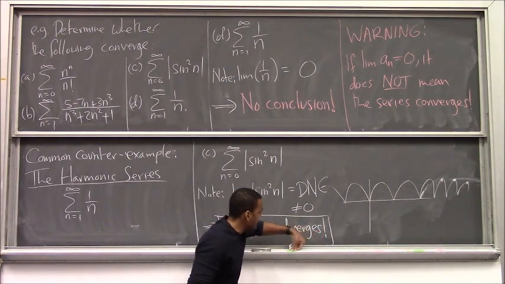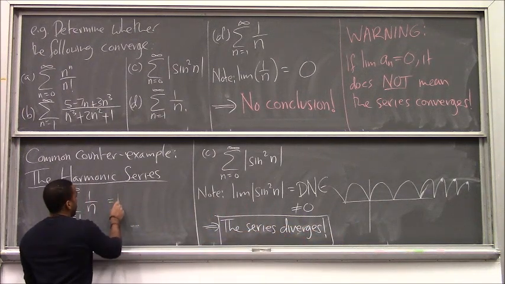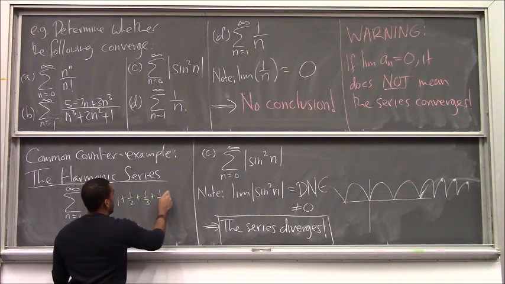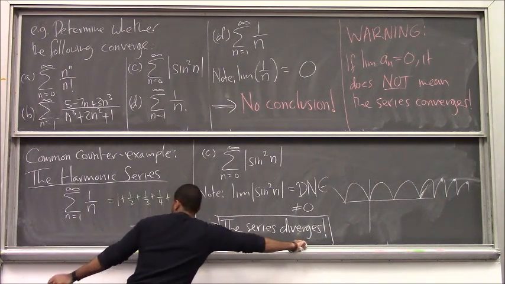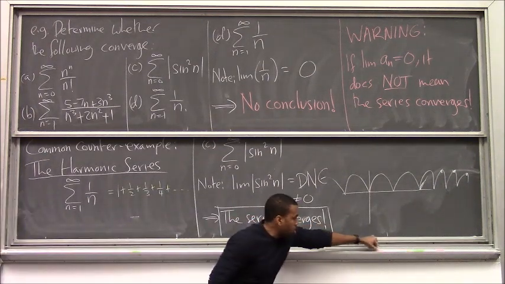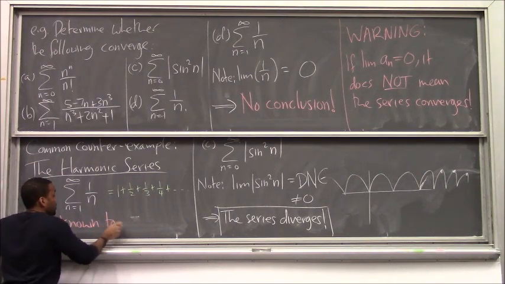Now, if you were to start adding out the terms, it would look like 1 plus a half, plus a third, plus a fourth, plus. And here's what you have to remember about the harmonic series: it is known to diverge.